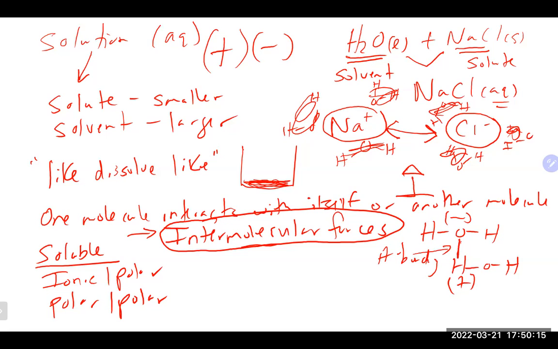Also, if you have something nonpolar, which is neutral, and something else nonpolar, they will also be soluble in each other, because they interact with each other the way they interact with themselves, through what are referred to as dispersion forces.